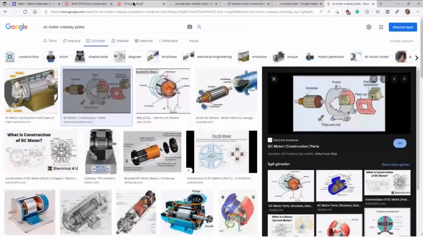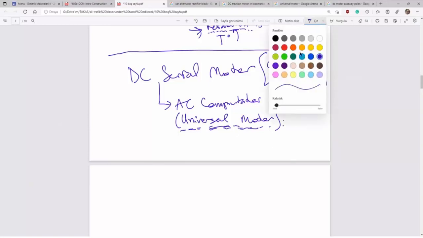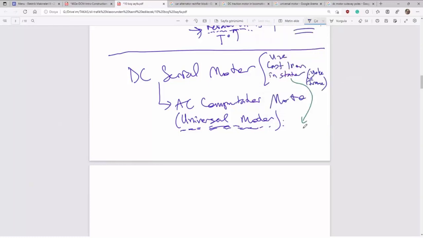The AC brother is the universal machine, so only the stator material changes. In the DC machine we use cast iron in the stator and yoke or frame, which I will introduce later. But in the universal machine, the same parts are manufactured using silicon steel sheet material, just like in transformers.